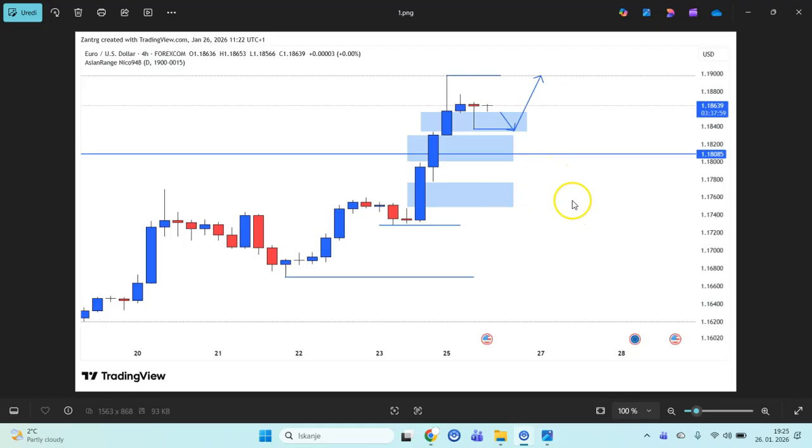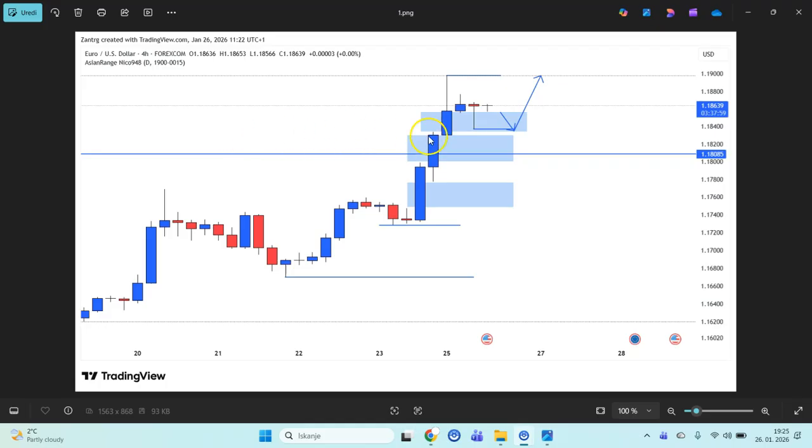We are looking for overall daily structure, 4-hour structure. We are looking for highs, lows, imbalances, and the liquidity levels, and then we use the lower time frames such as the 15-minute time frame or lower, depending on your trading plan, in order to look for setups in the direction of the main trend.